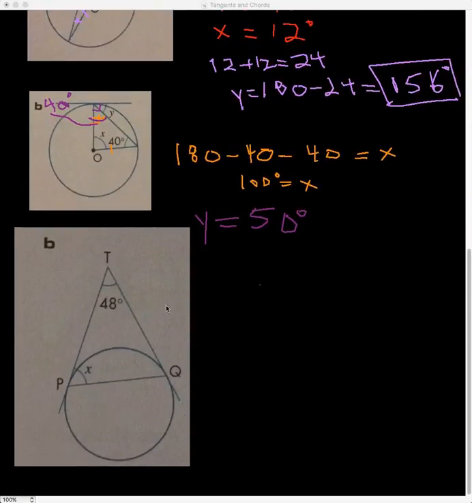So the second theorem. So here we have two tangents. We have an x, and let's take a look. We know that if we were to draw a line from here to here, this would cut this angle perfectly in two, although there's a nice quick way of doing it.